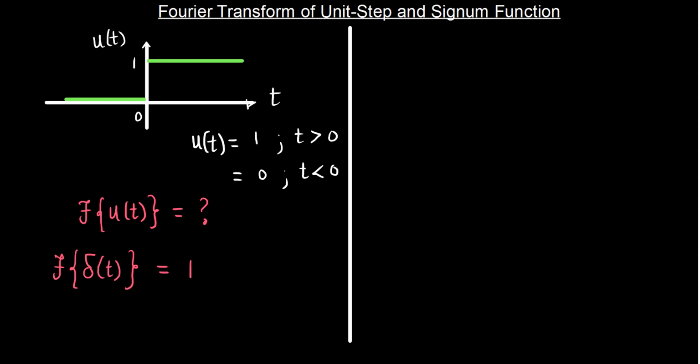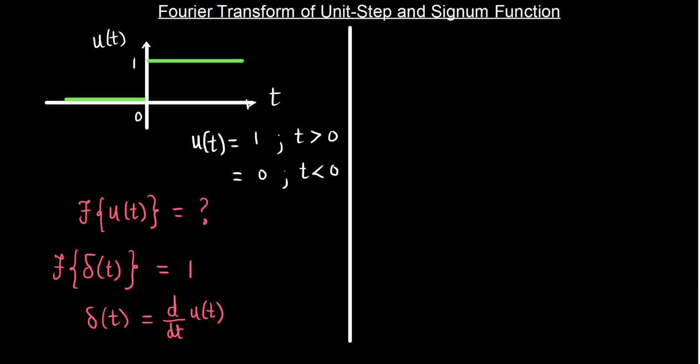We know that del of t, the unit impulse, is simply the derivative of u of t. As del of t is the derivative of u of t, we may apply the property of the derivative of a function in the time domain.